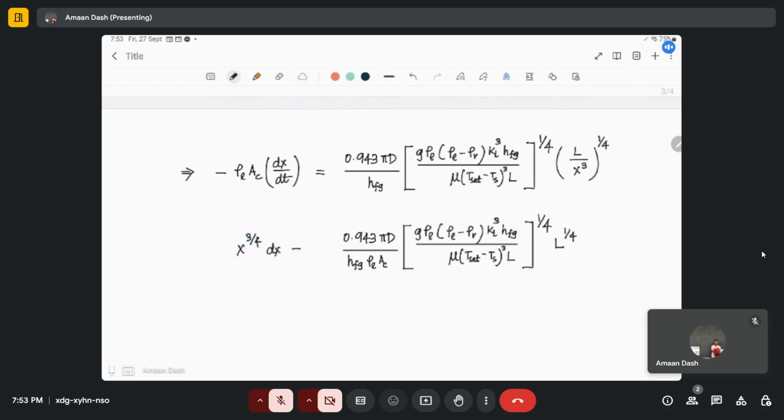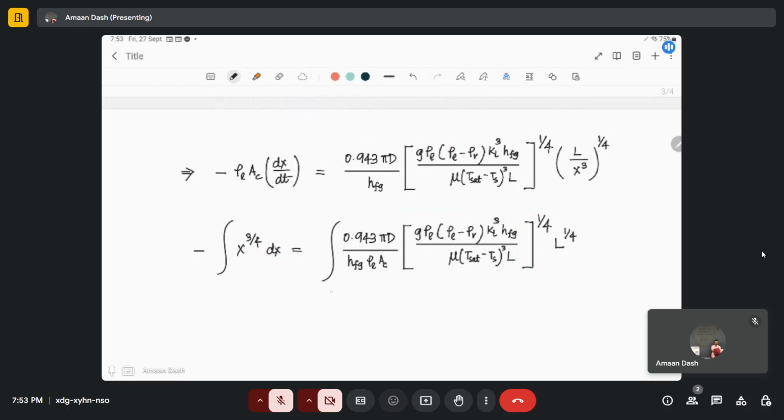And this is equal to, and here we will be having one minus sign as well, and then we can just have one integration, and similarly here also we can have integration, right?